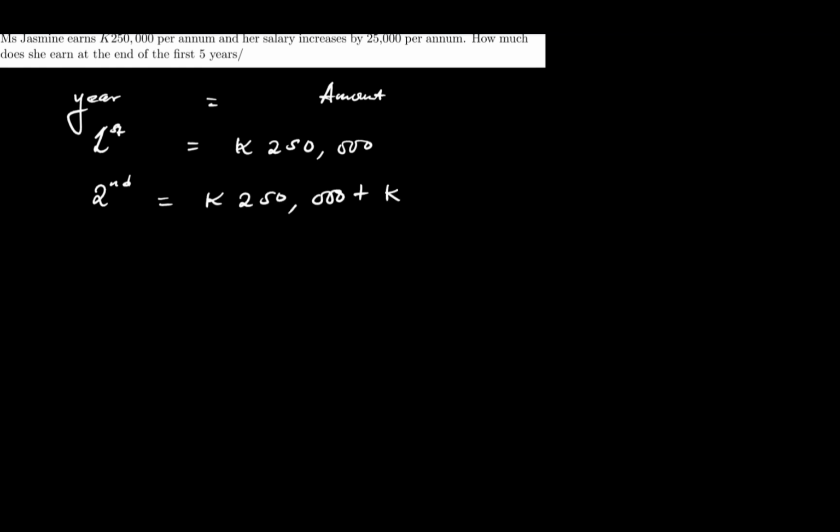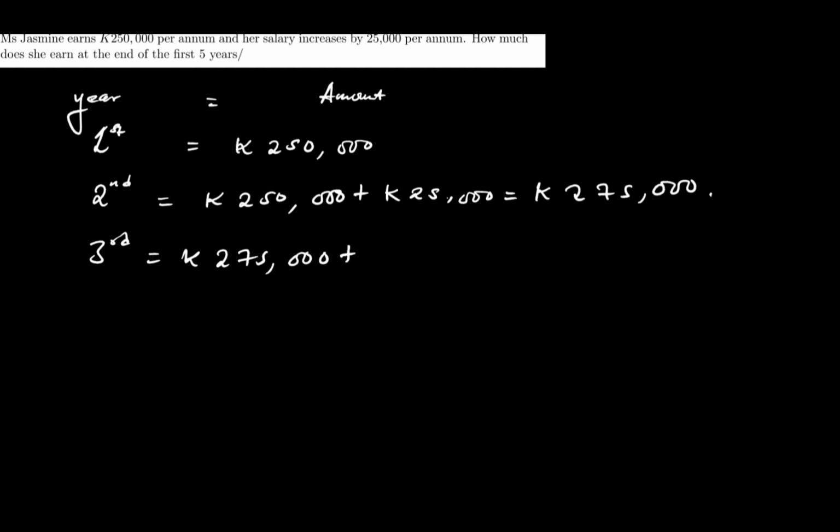In the second year, since she got an increment, the 250,000 kwacha she got plus the increment, which was about 25,000 kwacha, means that she got now about 275,000 kwacha. Then in our third year, we have 275,000 plus the increment of 25,000, and this will give us about 300,000 kwacha.